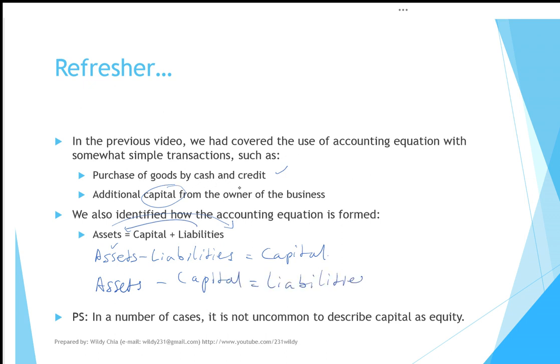So the equation can be manipulated and adjusted in any way, and that can help you find missing things like liability values or asset values.